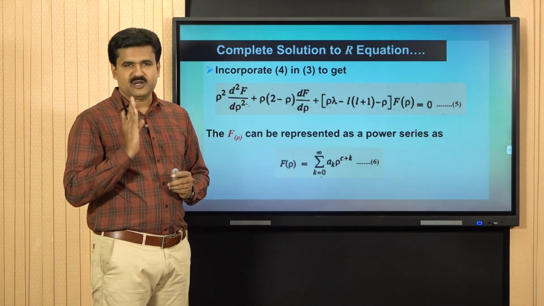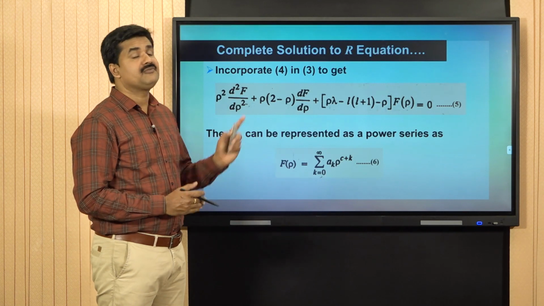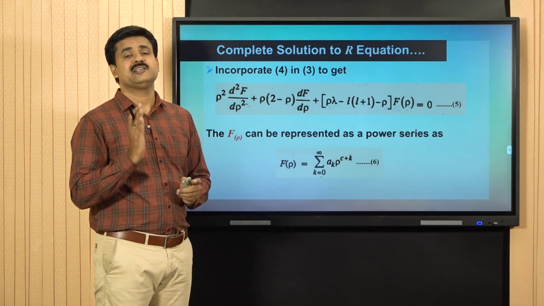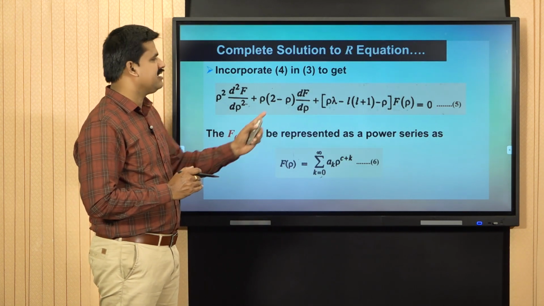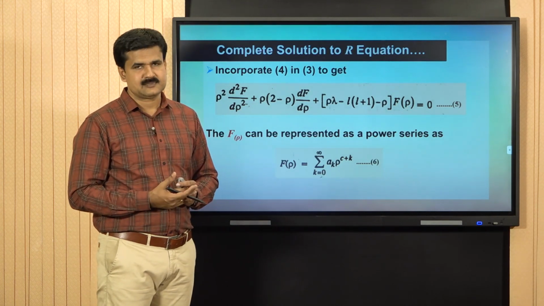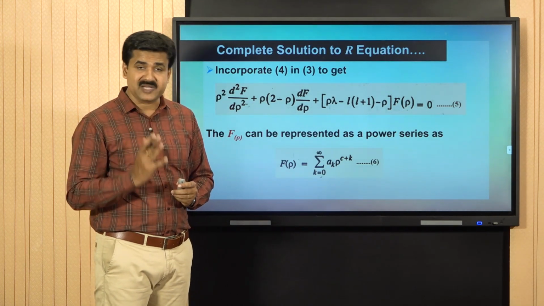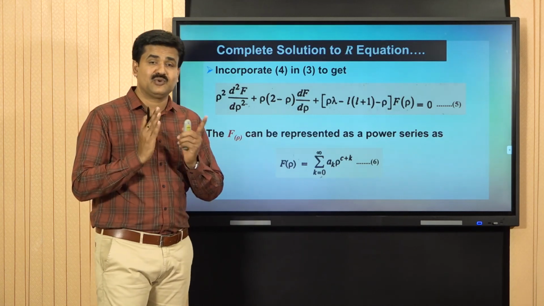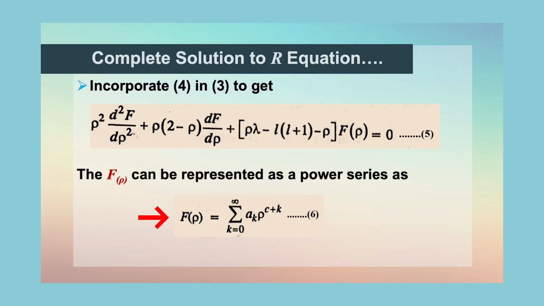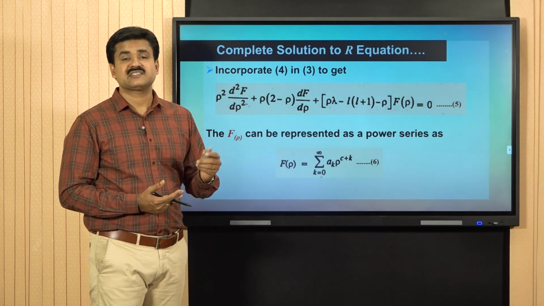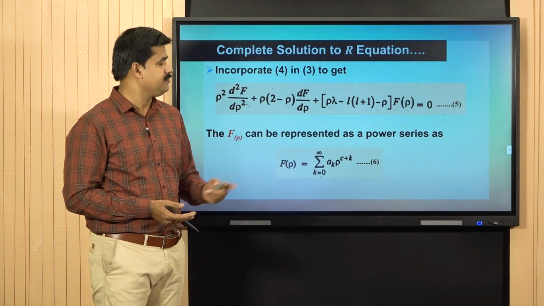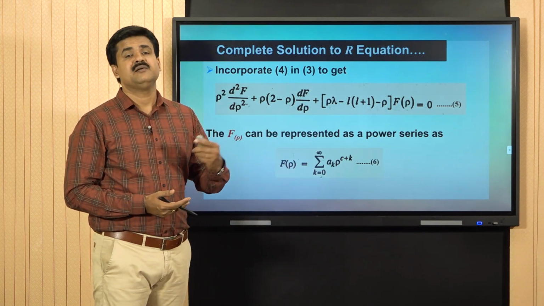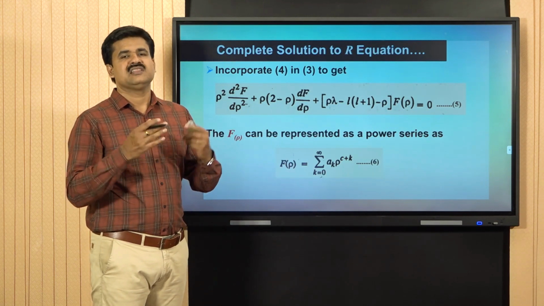But it should be noted that the function f(rho), that depends on rho, can be represented as a power series, or we can represent it as a summation. That means f(rho) is equal to summation k equal to 0 to infinity a_k rho raised to c plus k, where a_k represents some arbitrary constants and rho represents the variable.